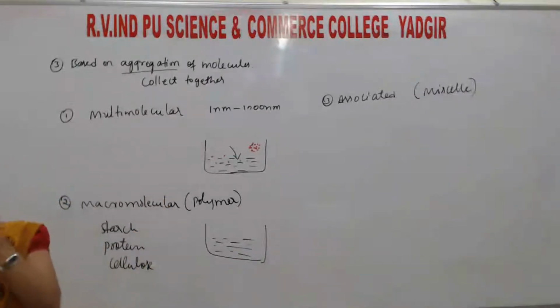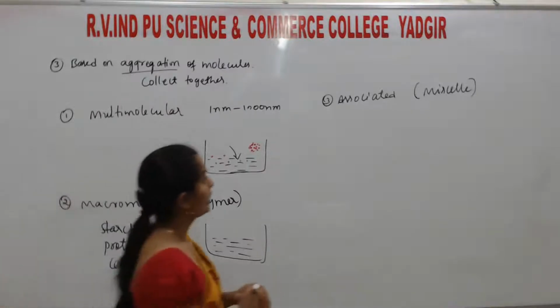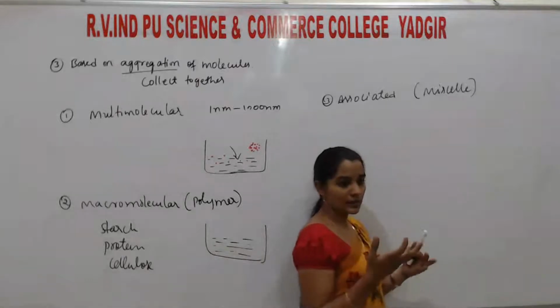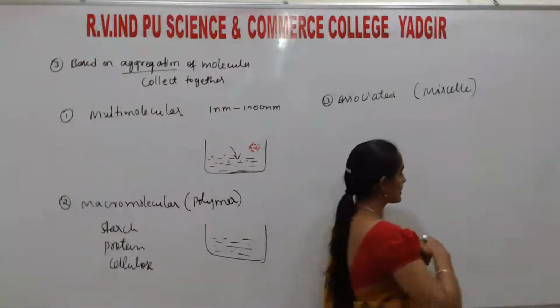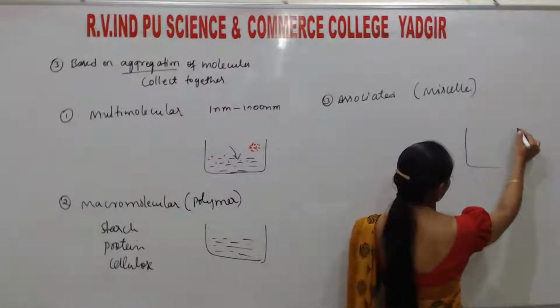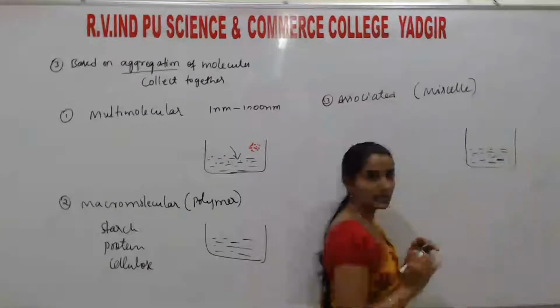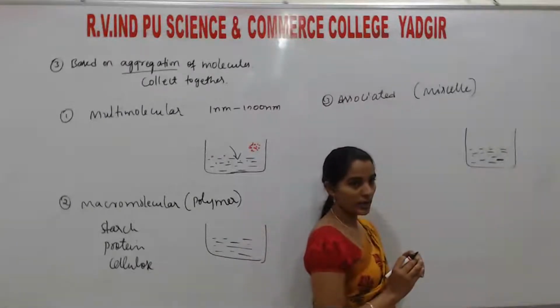So students, what does associated mean? Listen, for example, any ions, say NaCl, I am just telling you. If any salt is dissolved in a solvent, it forms ions. Understand?